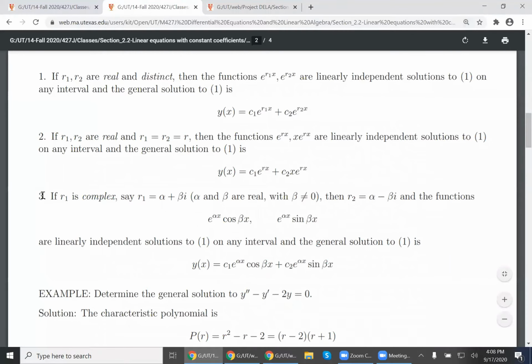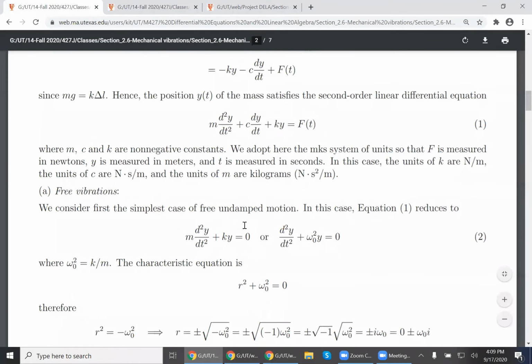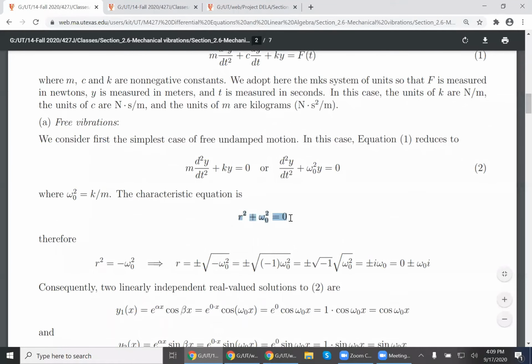This is case 3. So, step 1, write down the corresponding characteristic equation. Move this to the right. Done. Take square root of both sides. Know that negative omega 0 squared can be rewritten as negative 1 times omega squared.